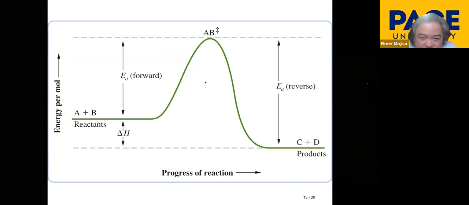So in the forward, this is the one that you have. So most likely this is an exo. The AB here, that is what we call the transition state. Okay. So you should be able to identify whether you have an exo or an endo based on the energy diagram. So the backward reaction here, or the reverse reaction, that's the one that is endo.